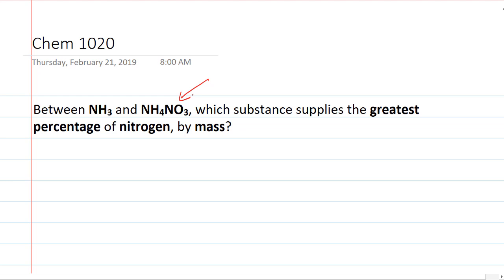What is the name of this substance right here? Nitrate. It's nitrate. What type of nitrate? An ion, or what is it? Ammonium. Ammonium nitrate. Good. This is ammonium nitrate. And ammonium nitrate is comprised of ammonium ions and nitrate ions.